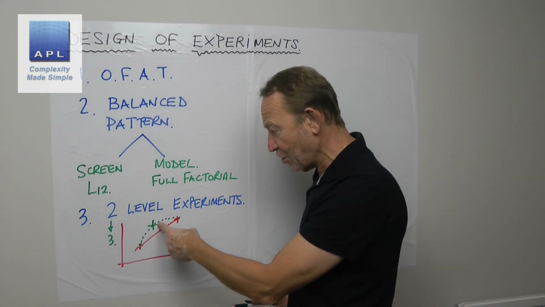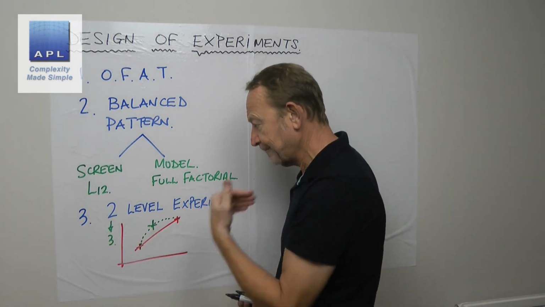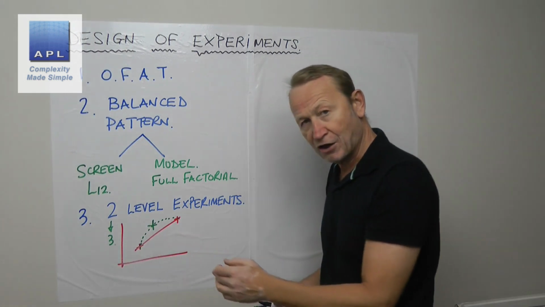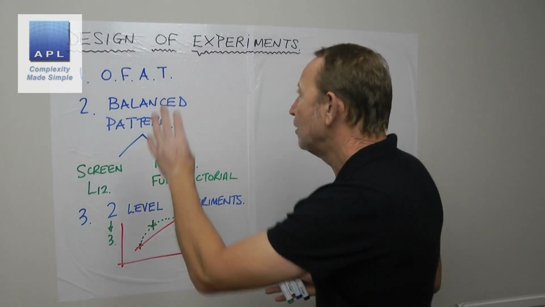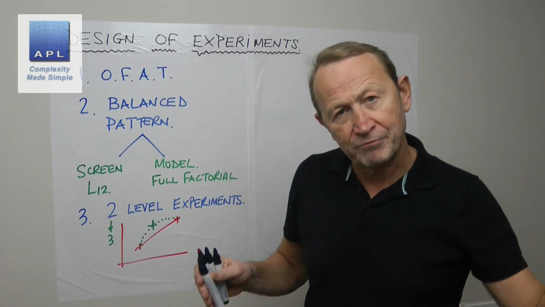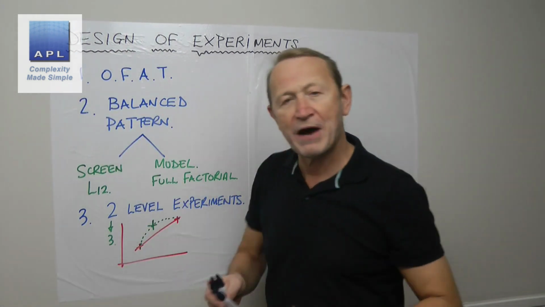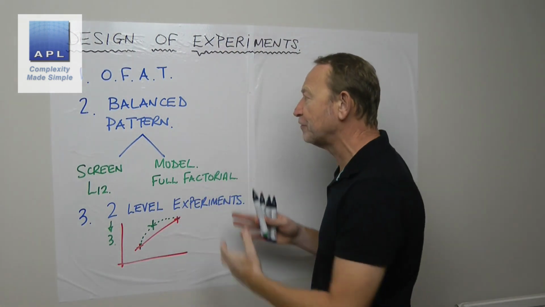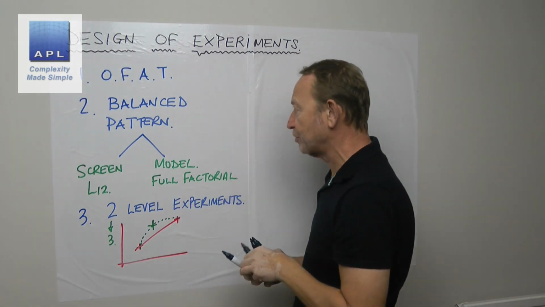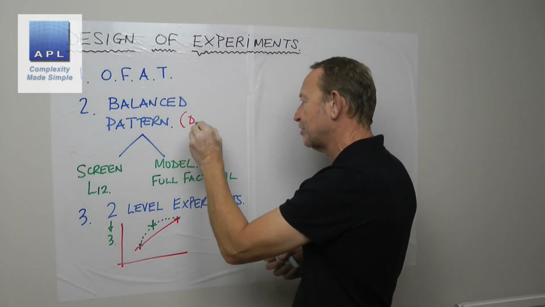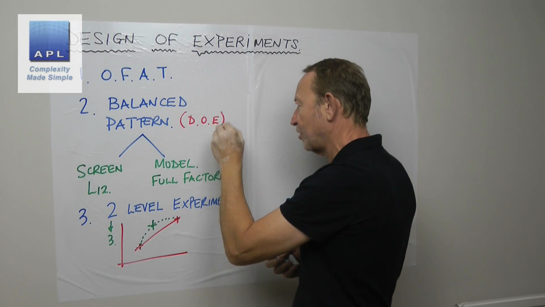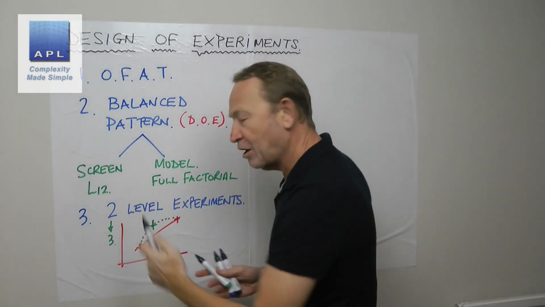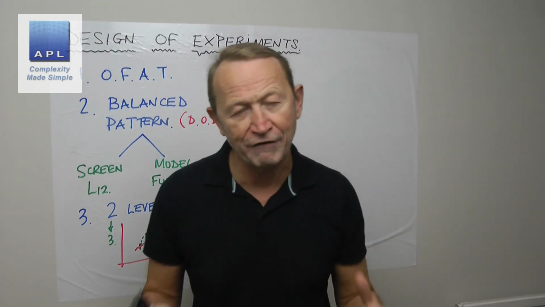Until we get the knowledge, we assume the straight line. So one factor at a time, terrible method. Balanced patterns, the most efficient way to get the most information. Two types of balanced pattern, effectively the heart of design of experiments: screening and modeling, and we are going to major on the 2-level experiments.